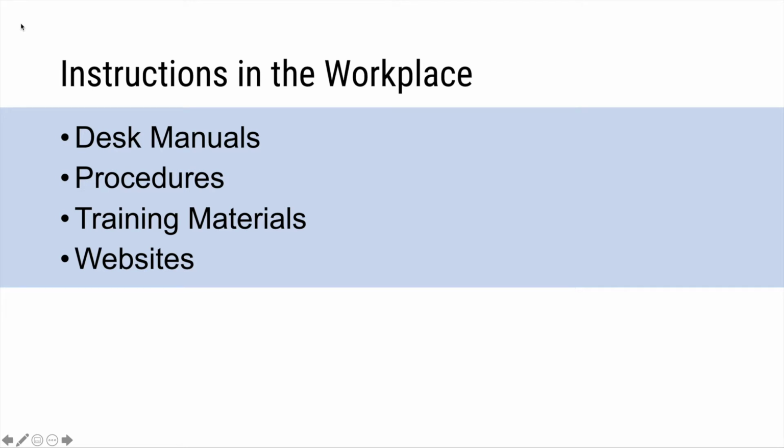Also, procedures, so how things are to be done. This is sometimes also known as department rules, so how a specific area goes about their tasks or the rules that they follow. Obviously, instructions are very useful in training materials. And then websites as well.